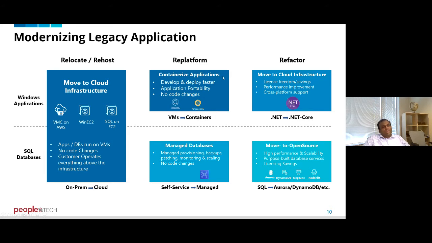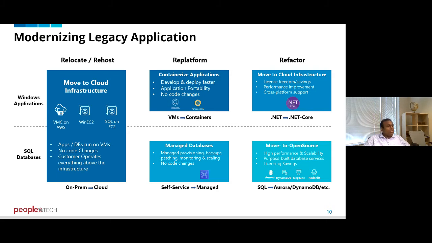The second option that you do have is to replatform your application, where you are changing the underlying compute environment, where you move it to more of a container-based approach. And we'll be talking a little bit more in detail, and a hands-on lab, on how to do containers a little bit later. But that's an opportunity that you would have to migrate your applications and still take advantage of the cloud platform by containerizing your applications.